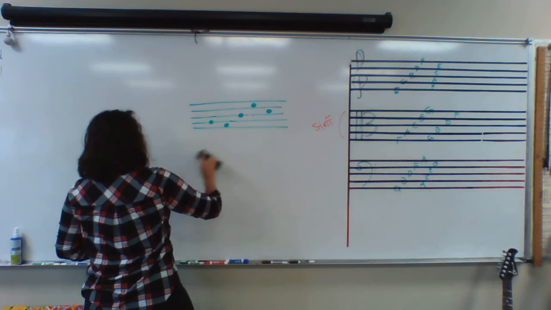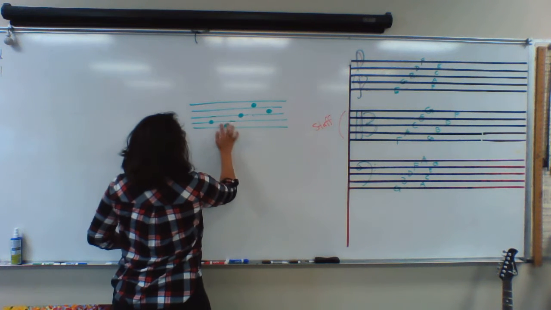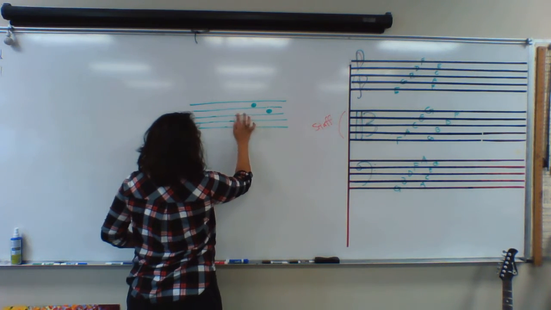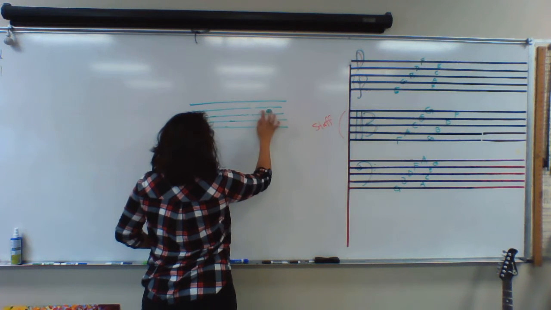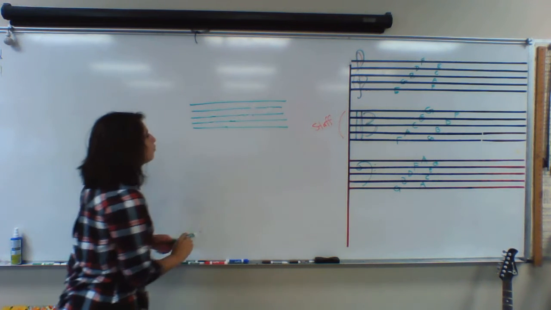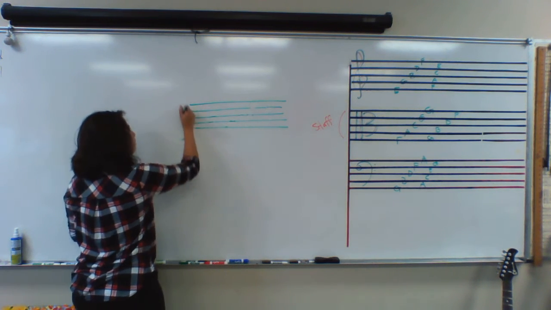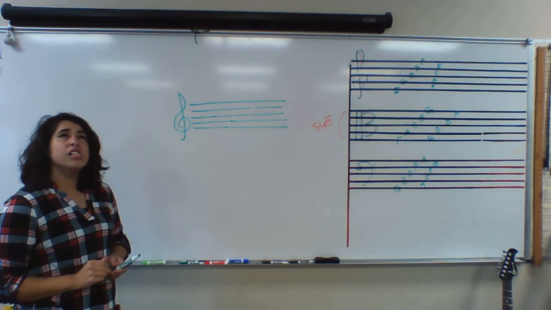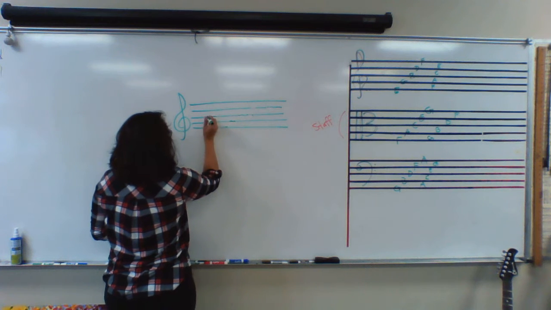Last one, we're going to go back to treble clef. See if you can spell this word or figure this one out. All right. Back to treble clef. Up, down, swirling. Okay. Here it is.